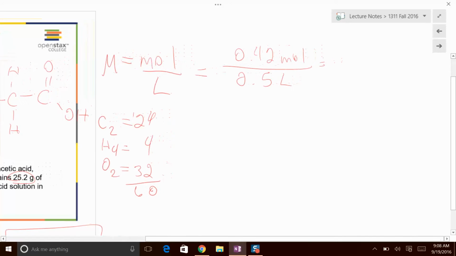What's my molarity here? 1.68. That doesn't seem right. Is it 168? 0.84. Okay, that sounds more right. Is that what everybody's getting?